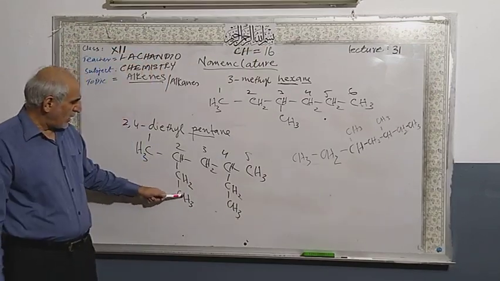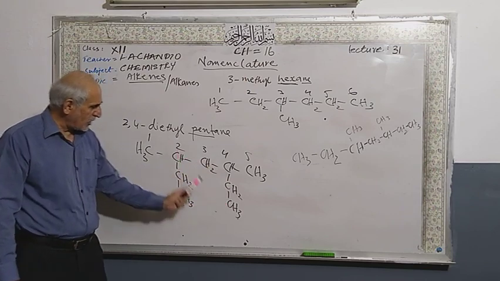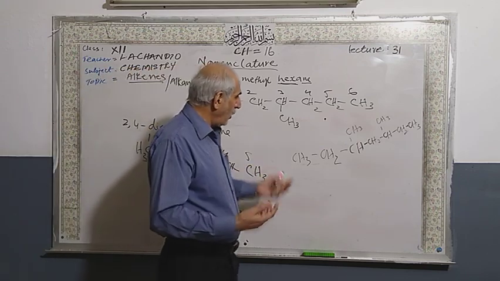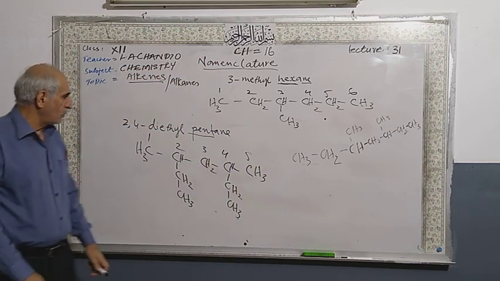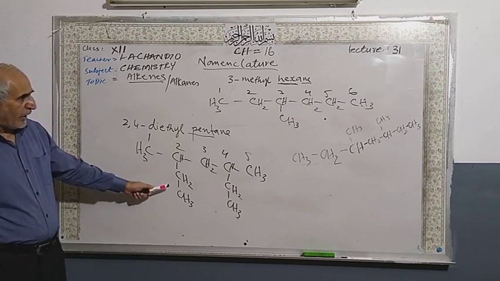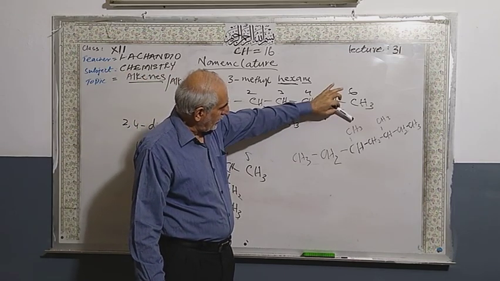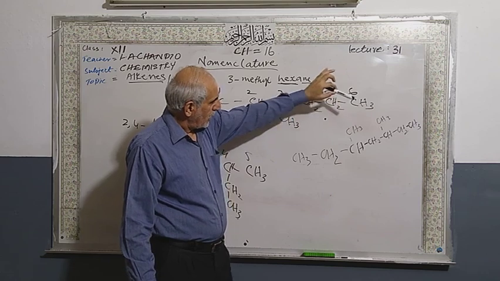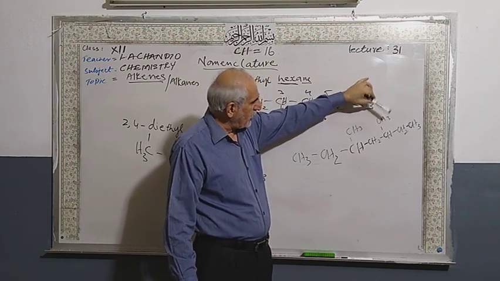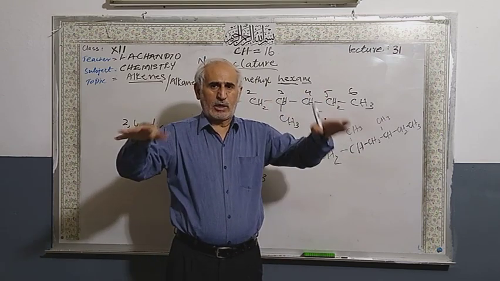So possible is 1, 2, 3, 4, 5, 6, 7. From this side you can start, from this side you can start, you get 7. Now, okay, 7. But you are finding 1, 2, 3, on carbon number 3 there is the branch. Start from here: 1, 2, 3, on carbon number 3 there is the branch. It means that on both sides, left and right, the distance is equal.